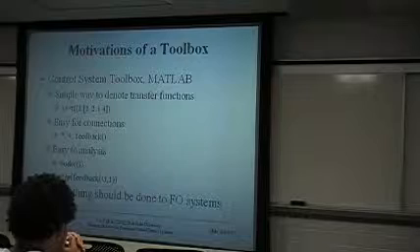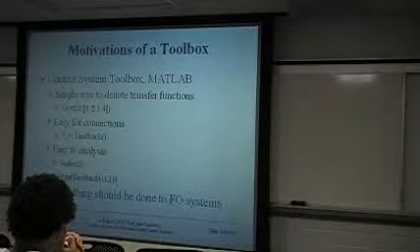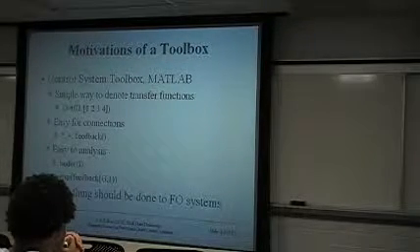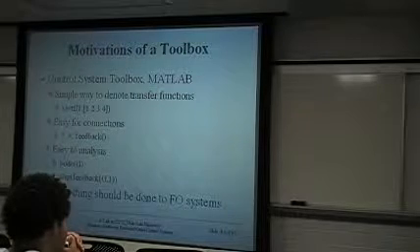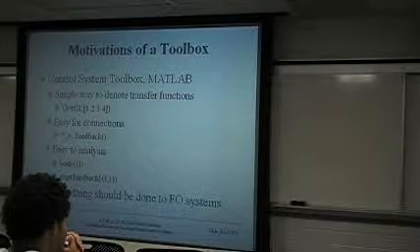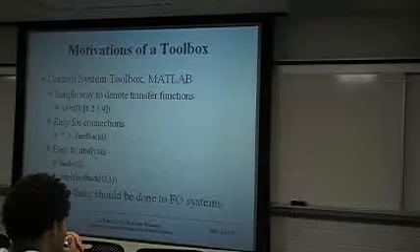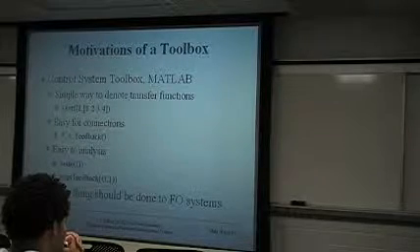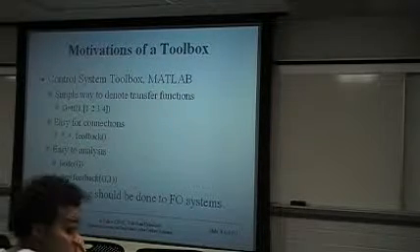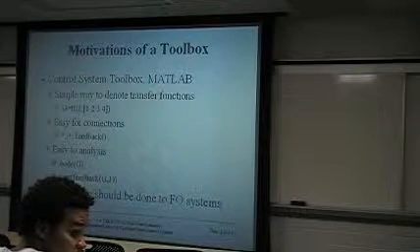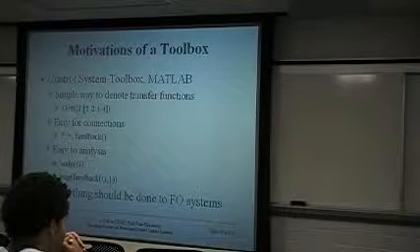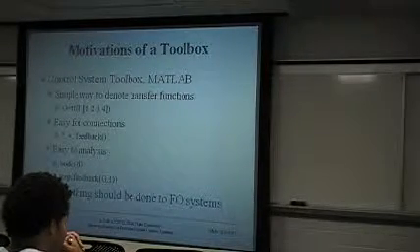So the first question is why we need a toolbox to describe a fractional order transfer function, or why we need such a one for the analysis of fractional order transfer functions. For integer order systems, there is an existing toolbox in Matlab, which is the widely used control system toolbox.